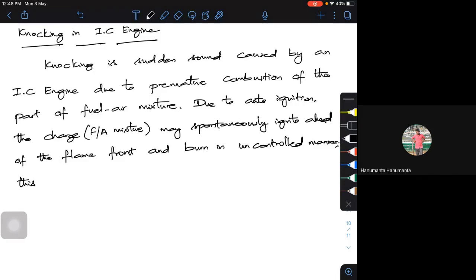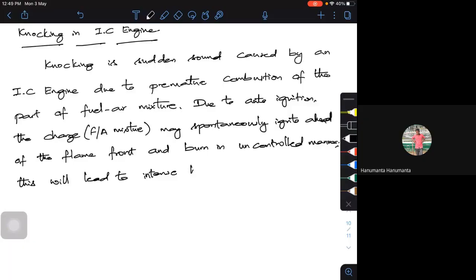This will lead to intense, momentary, high frequency pressure waves. This will lead to instant high frequency pressure waves, which will exert a force on the engine.